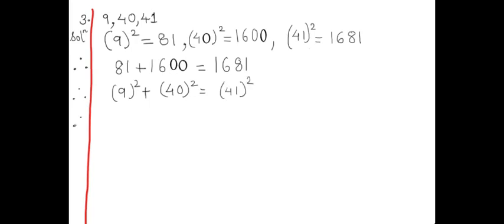If you will see, students, this other two numbers squares addition is equal to biggest number squares. Yes or no? So we can write that therefore 9, 40, 41 is a Pythagorean triplet.